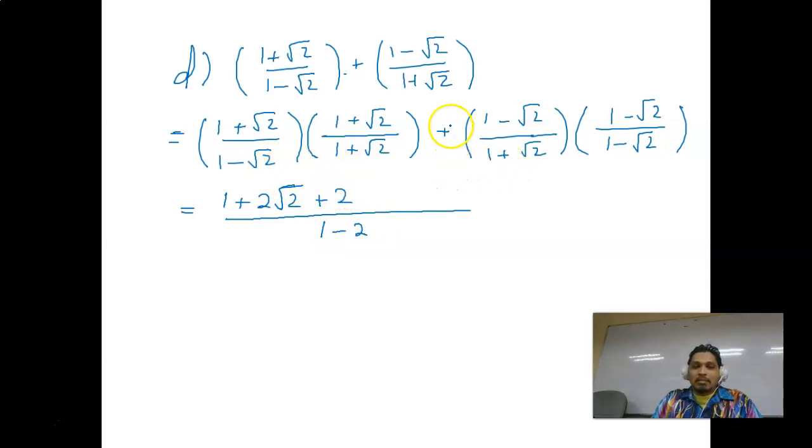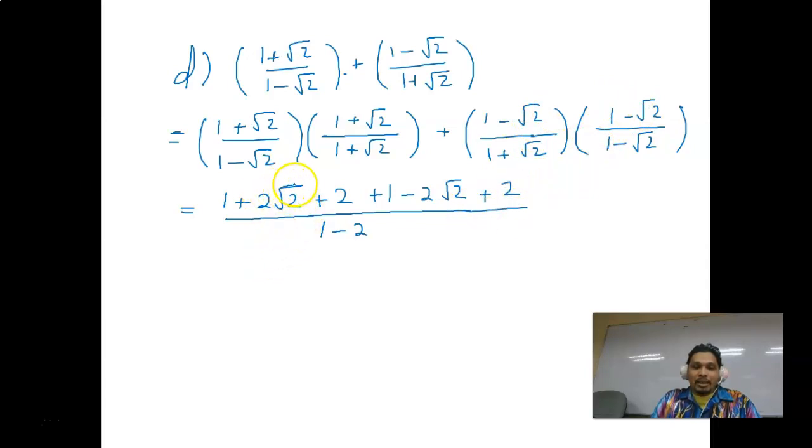Then plus, and the result of this: 1 times 1 equals 1. 1 times this square root of 2, another square root of 2, minus 2 square root of 2, and negative times negative, positive, square root of 2 times square root of 2 equals 2.